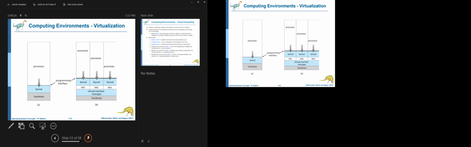Virtualization is very handy for operating systems studies. There are two kinds of hypervisors, though the distinction doesn't come up very often: type 1 and type 2. VMware is a type 1.